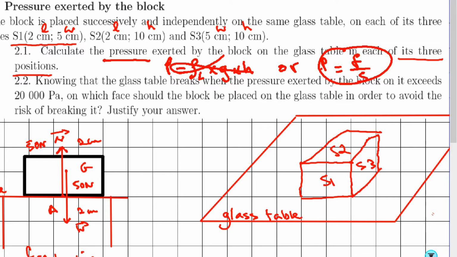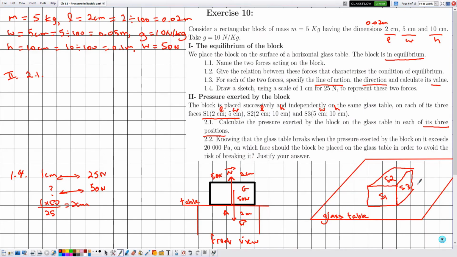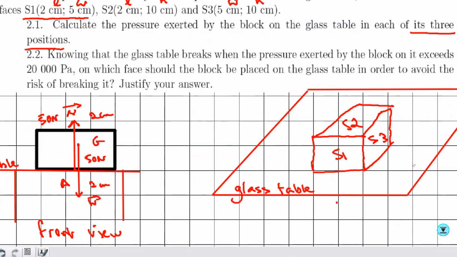Because the pressure depends explicitly on the surface area, for each surface area the value of P will change. So we have three pressures given by P1, P2, P3, corresponding to the faces S1, S2, and S3. Now it's left to identify which force we need to use.